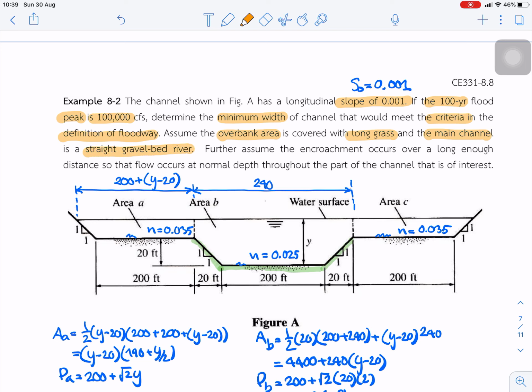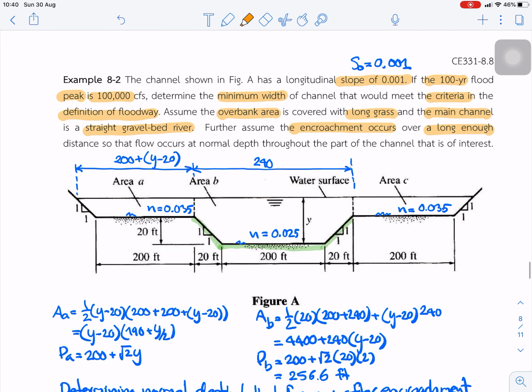So it means that the roughness is different between the overbank area and the main channel. And further assume that the encroachment occurs over a long enough distance so that the flow occurs at the normal depth throughout the part of the channel that is of interest.